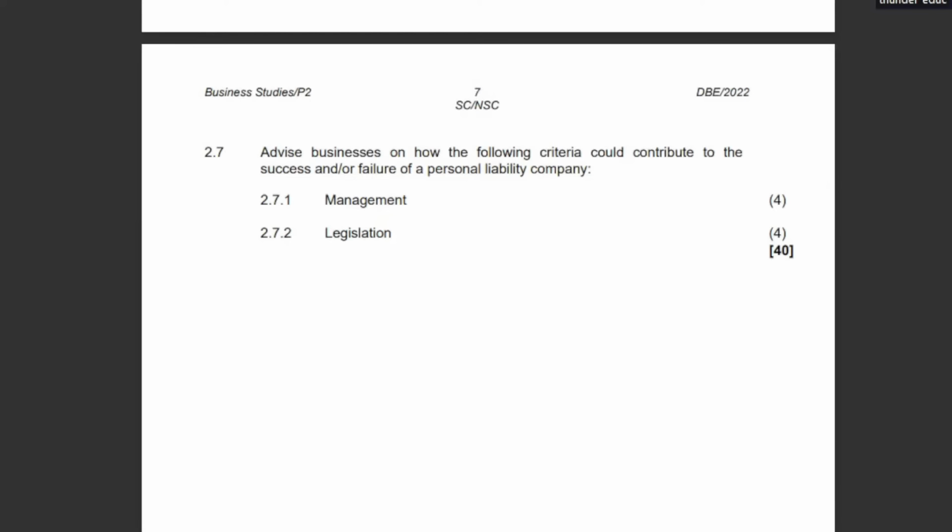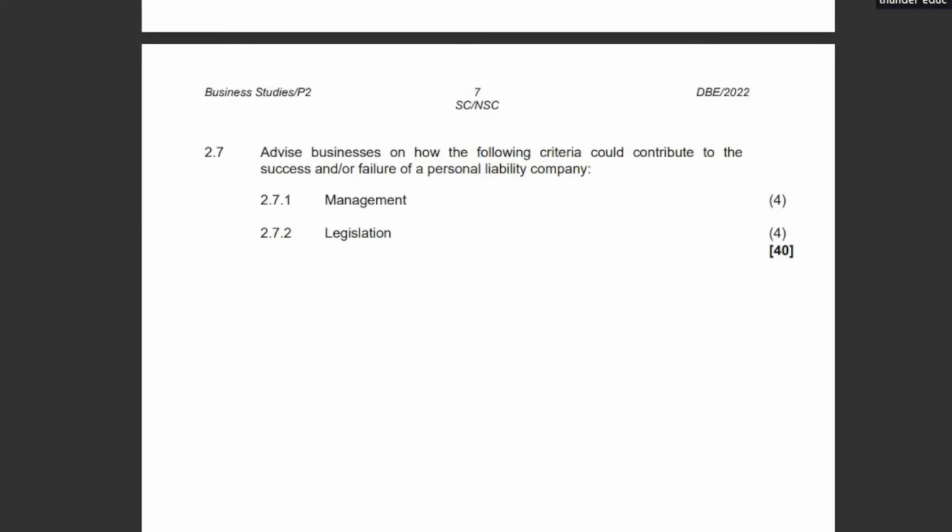2.7 reads as follows, and this 2.7, if you check, is the last question under question 2. It says, advise businesses on how the following criteria could contribute to the success or failure of a personal liability company.